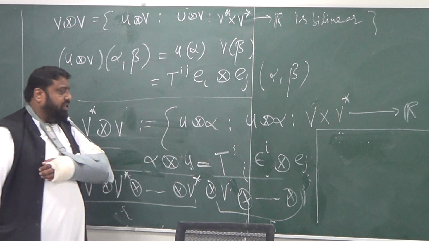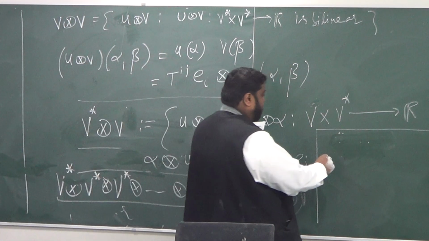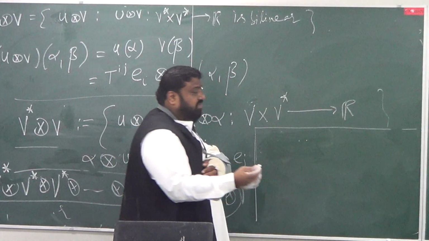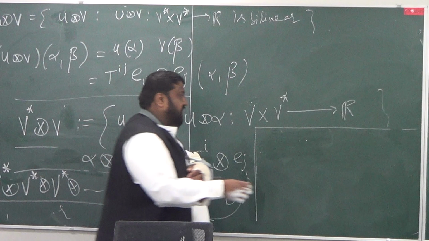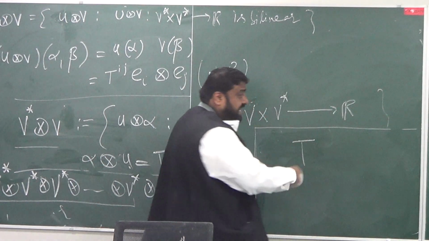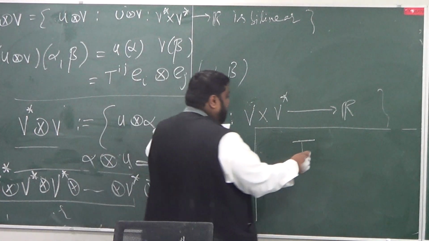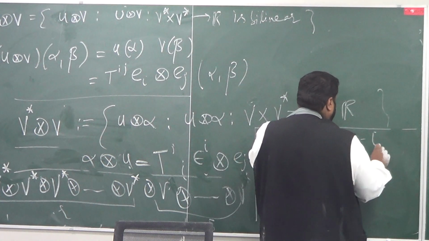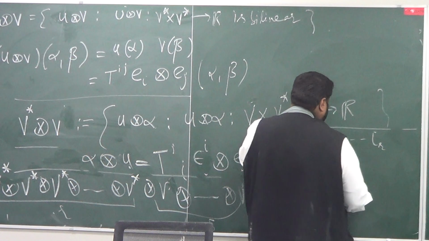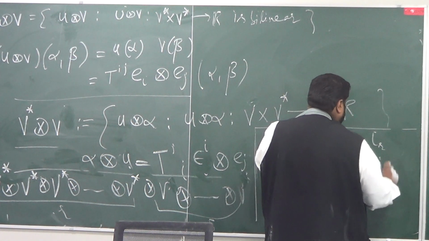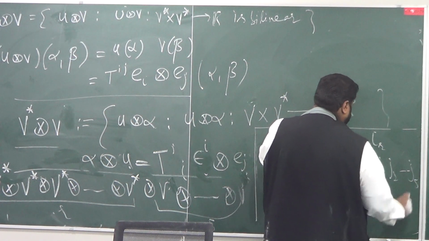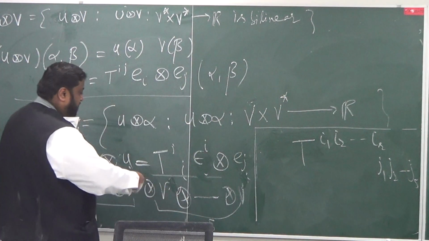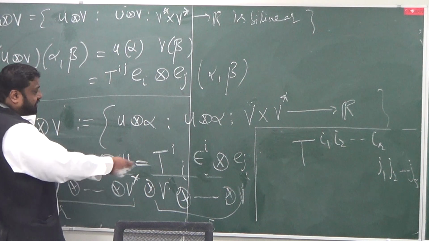And how is it going to look like? If I generalize, it's going to look like this actually. So I'm directly writing. It looks like I1, I2, up to IR, and J1, J2, up to JS, multiplied by epsilon, the product of these duals actually.